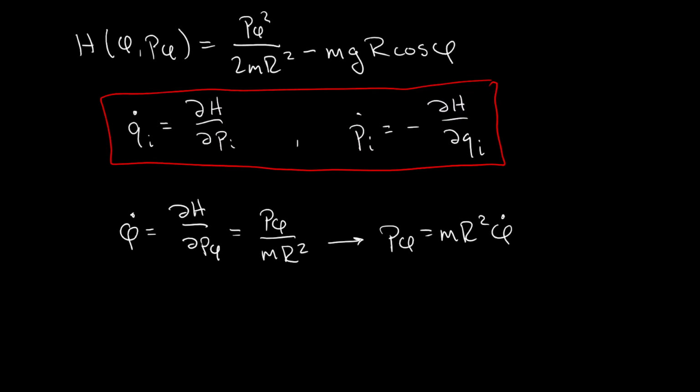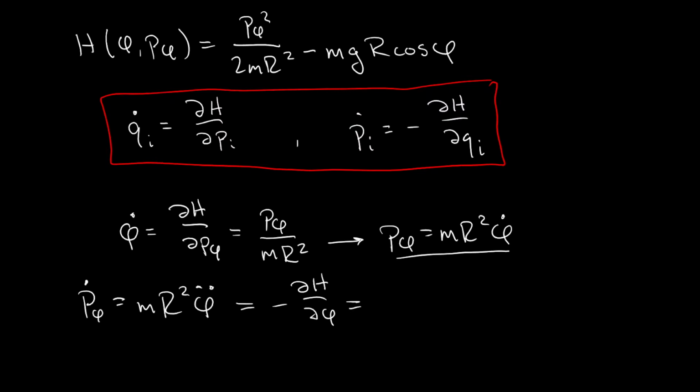So now I use this second equation, p dot phi. Well, I can take the time derivative of this equation, and this gives me m r squared phi double dot. This is minus dH/d phi, which, if I'm not mistaken, should be minus m g r sine phi.